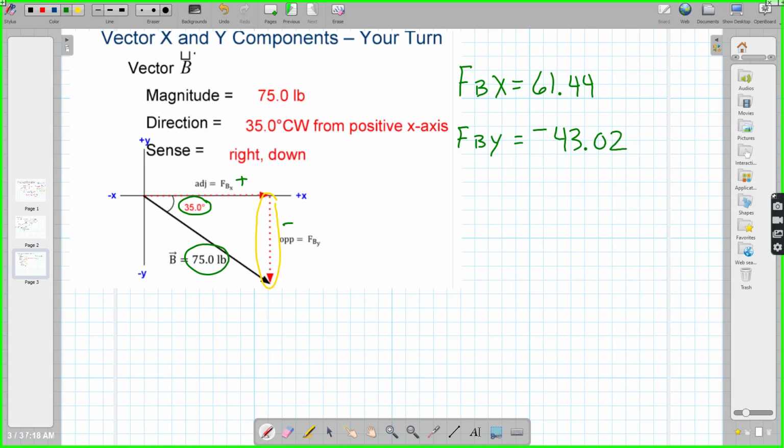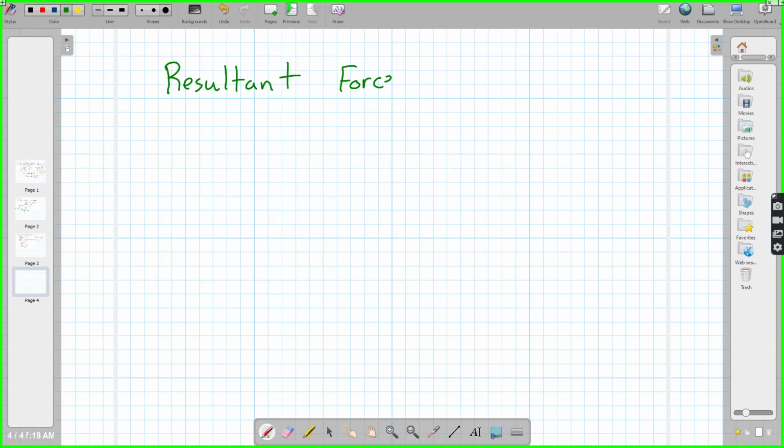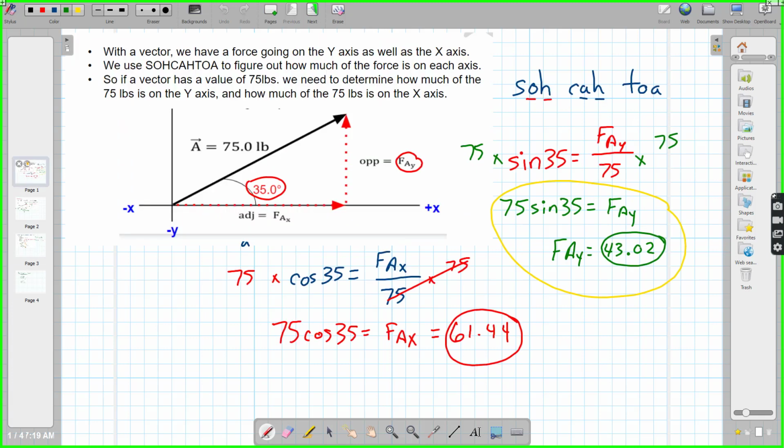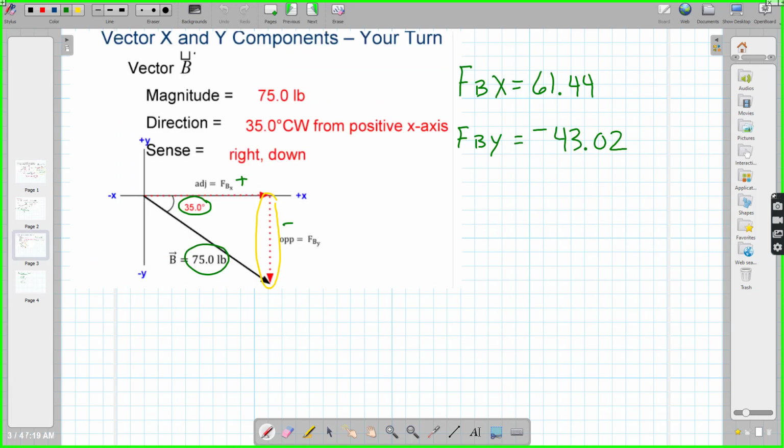So when we take a look at another concept, resultant force is essentially the sum of all forces in the y direction and the sum of all forces in the x direction. In our y direction, we had 43.02 in our previous one, and in our second one, we had negative 43.02.